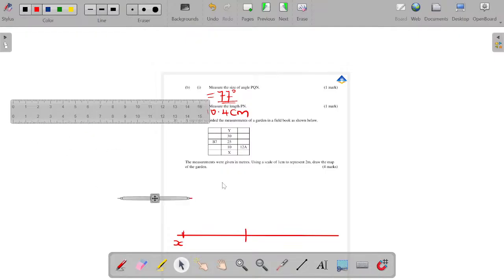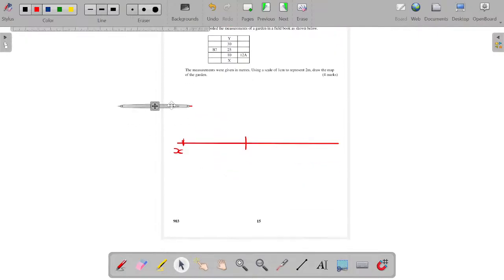Transfer, come over here like that. Then you need to do that rotation.